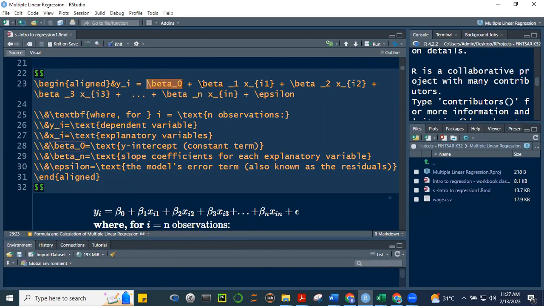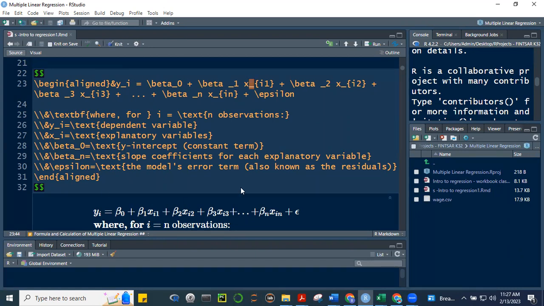If you know this, then it will be easy to write also beta sub 1. Then you can see here x, and this underscore means subscript. If you have several letters for your subscript, you put it in curly brackets, etc.